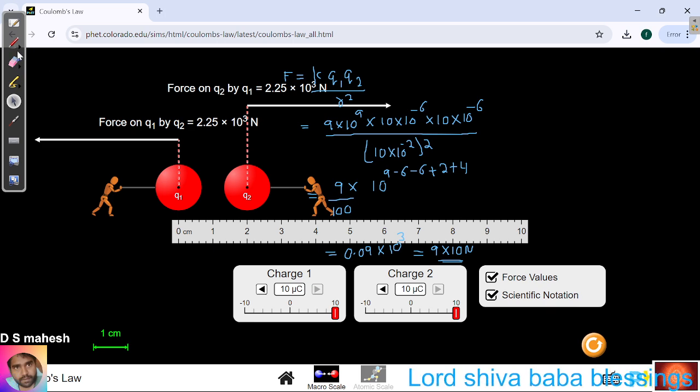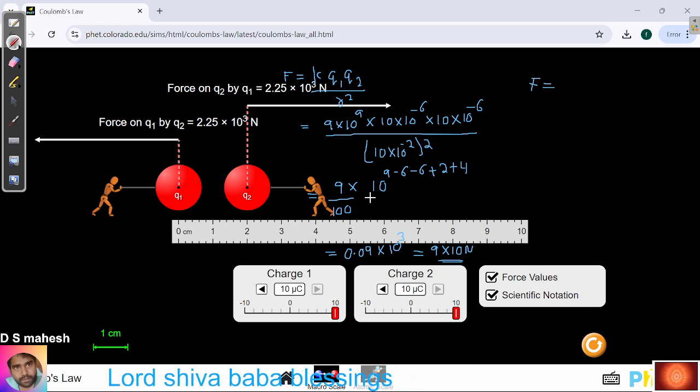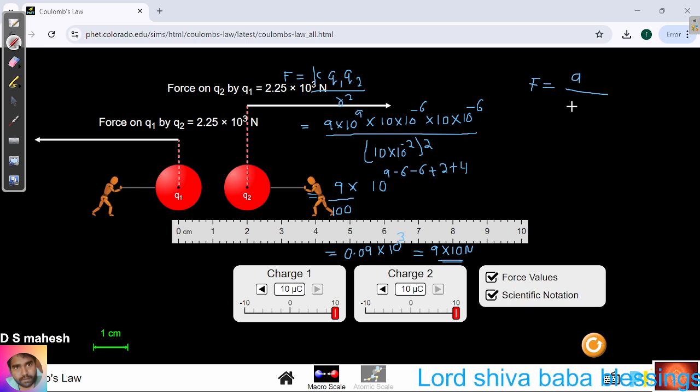So let us try to find that. Here we just need to calculate force at a distance of 2 centimeters. So instead of taking 10 centimeters, I need to take it as 2 centimeters. So that would be 9 divided by 2 square, that would be 4.